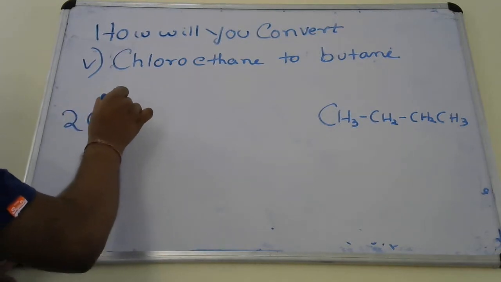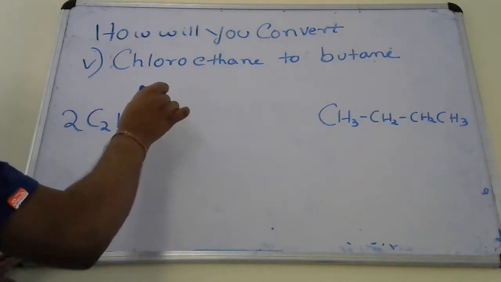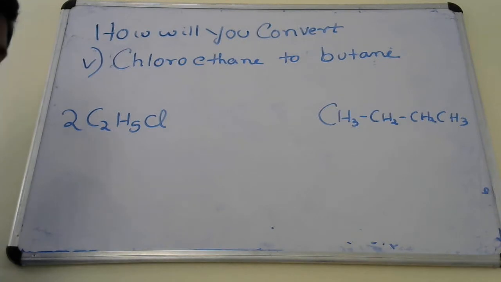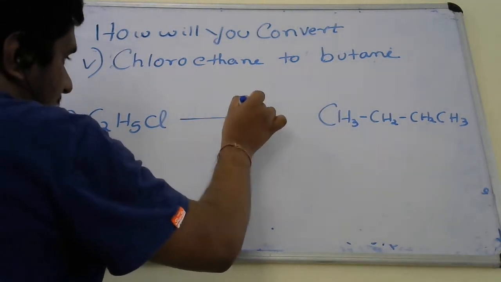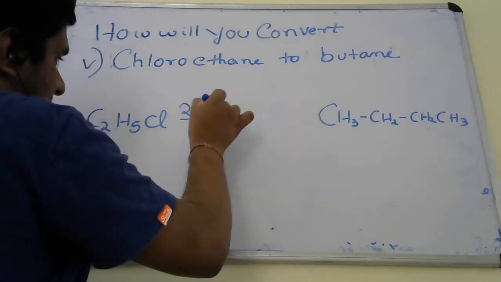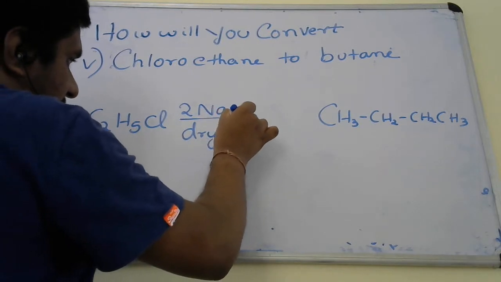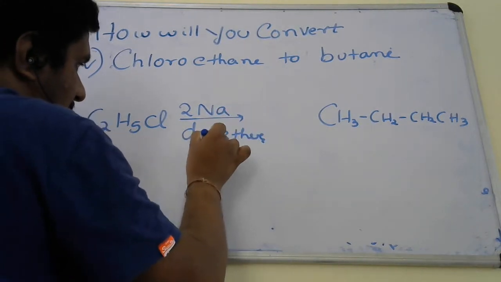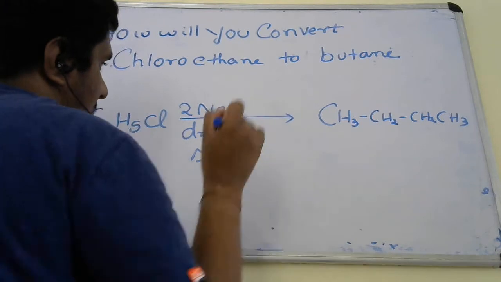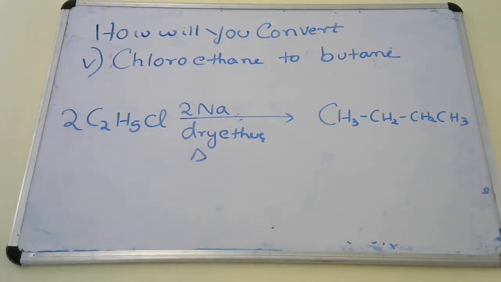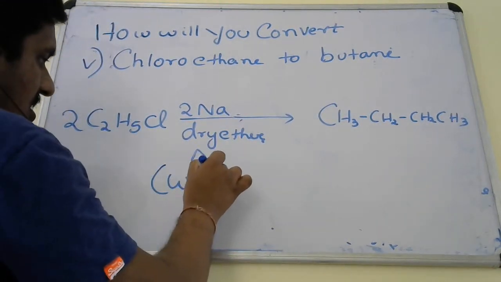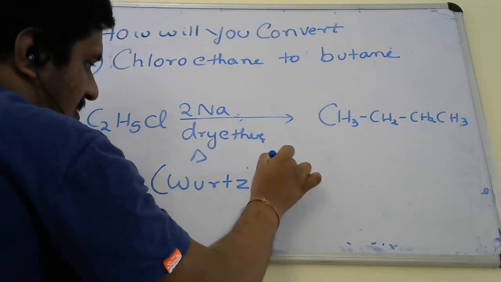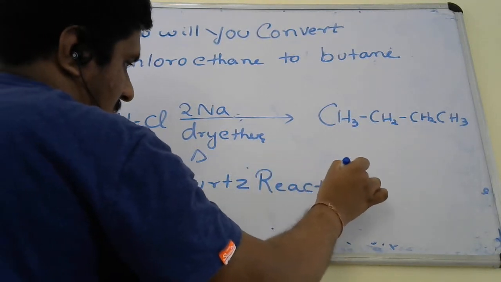That is Wurtz reaction. 2 molecules of haloalkane in presence of sodium and dry ether and heat. You will obtain the product. Wurtz reaction.